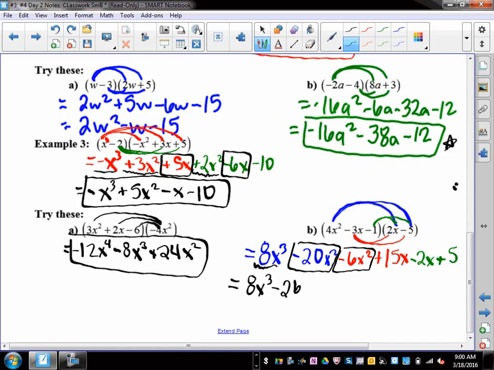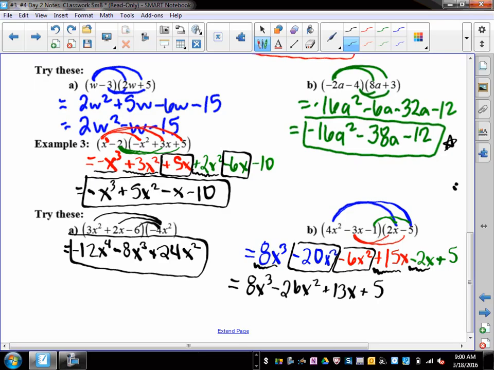Negative 26, good. X squared. Remember, when we are adding, we have negative 20 of them and negative 6 of them, so we have negative 26. Alright, now 15x and negative 2x. Good, positive 13x.